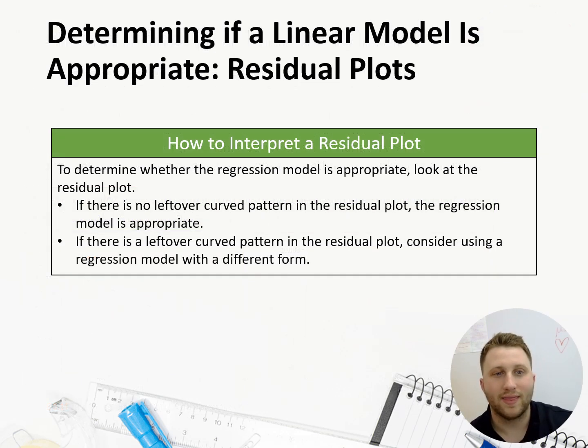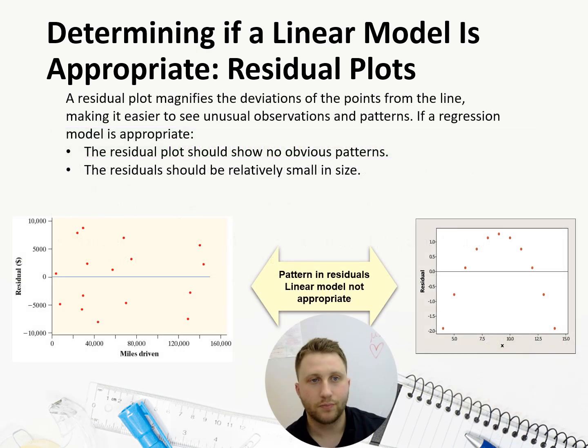So again, that's the goal. If you do see leftover curves or patterns in the residual plot, it likely means that a linear model was not appropriate for the data set that you used to make the residual plot. What the residual plot actually does is it magnifies the deviations of the points from the line.